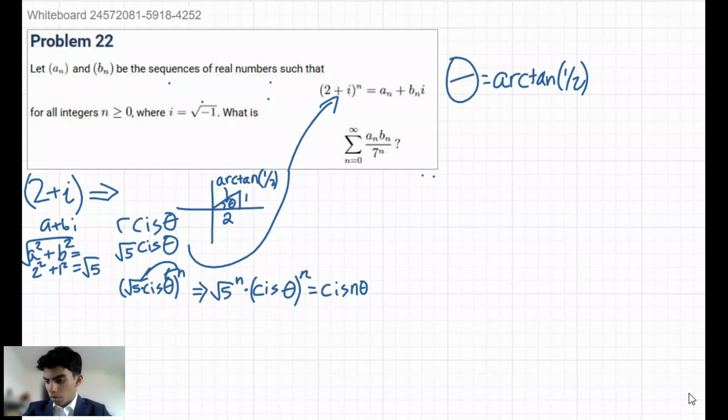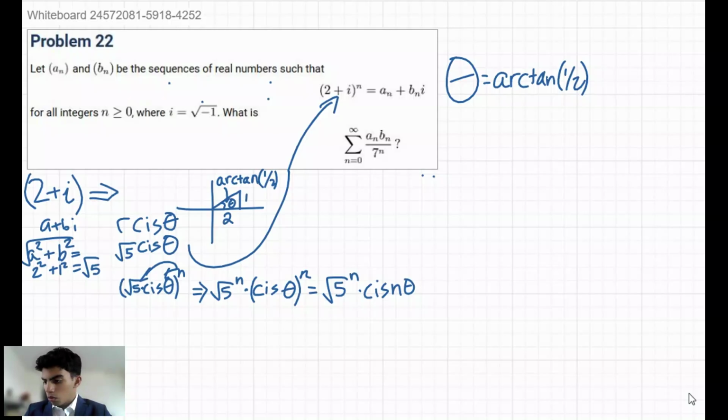Because we know that when we have r cis theta raised to the nth power, this is the same thing as r to the n times cis of n theta through De Moivre's theorem. So I can just rewrite this as square root of 5 to the n times cis of n theta.